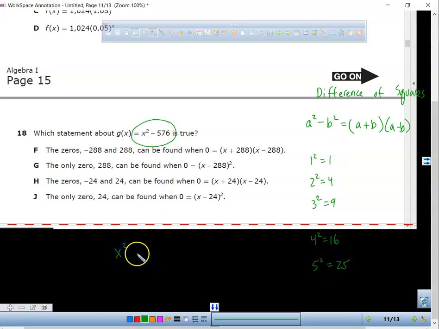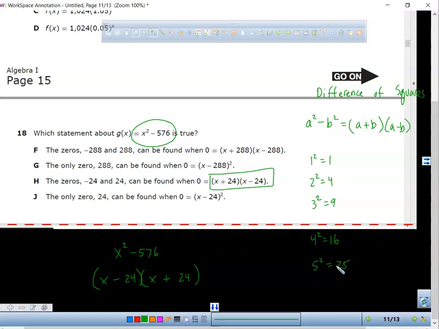So I want you to know that x squared minus 576 factors to an x and an x, and the square root of 576 is 24 and 24, and you have a plus and you have a minus. Now, this is going to be your answer, okay? That's going to be your answer.